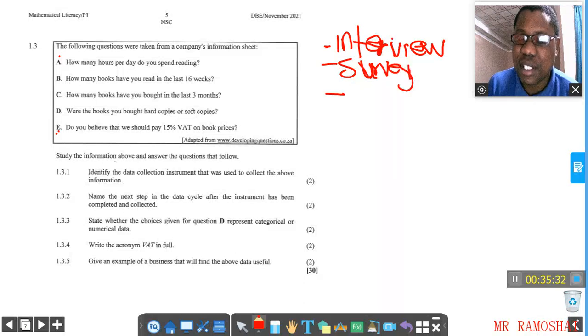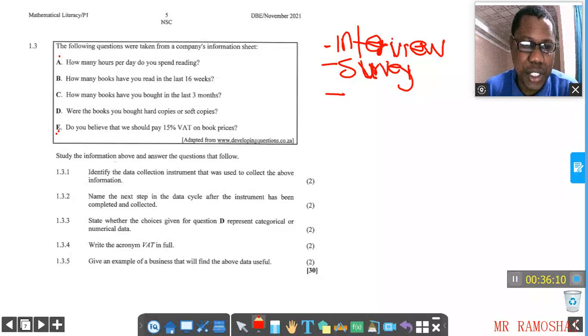You understand? The questions have been written down, then they give them to the person they want to take the data from, the interviewee. So if you don't want to say survey here, you can say questionnaire. Questionnaire and survey are one thing. You can name one instead of the other, so you can say survey or you can say questionnaire, right?